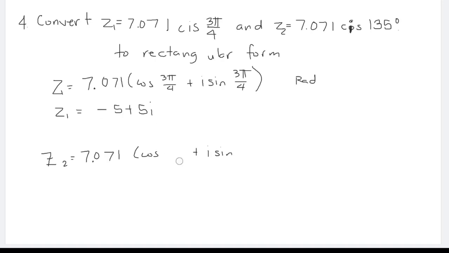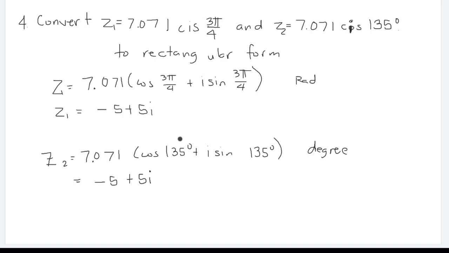Just copy 135. So we have 135 degrees plus i sine 135 degrees. So this time, this is in degree. So check your calculator, that must be in degree setup. And your answer is negative 5 plus 5i.